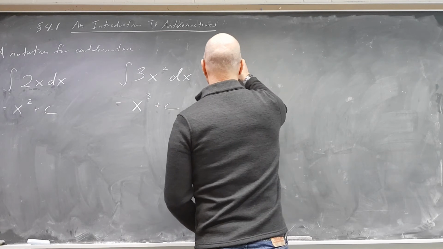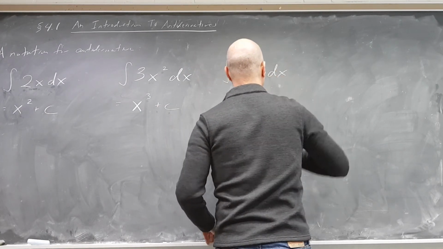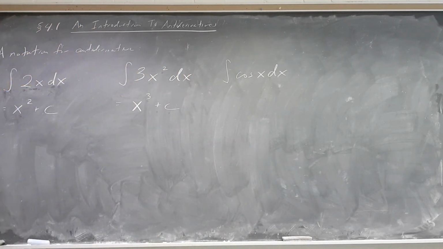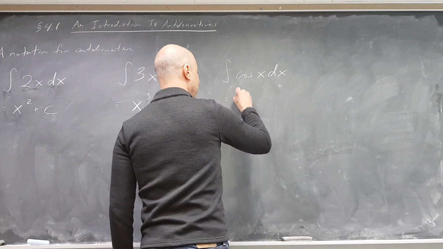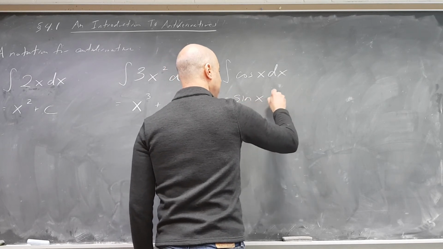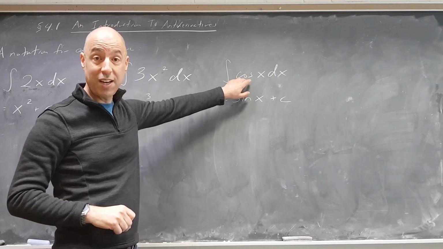Let's try this. What did somebody take the derivative of to get cosine of x? Again, pause the video. See if you can answer the question. Well, they took the derivative of sine of x. If you take the derivative of sine of x, you get cosine of x.